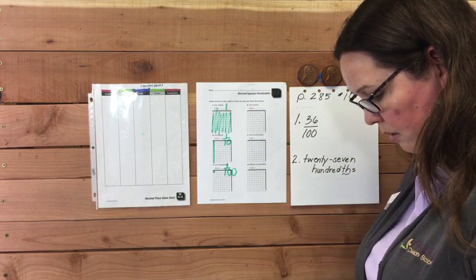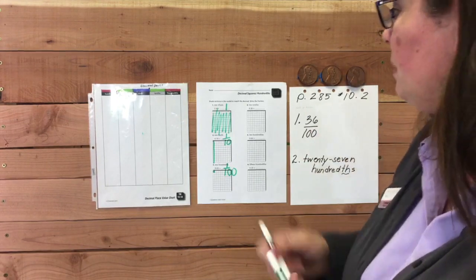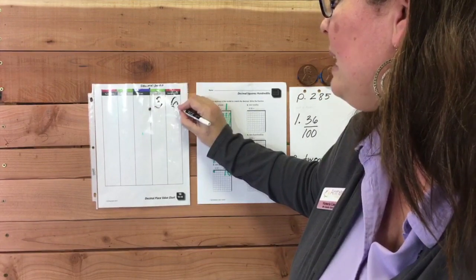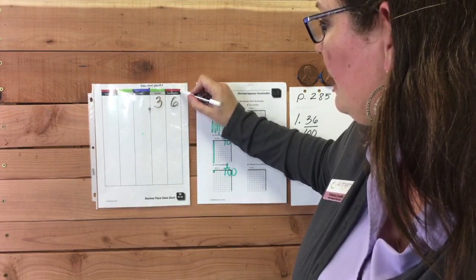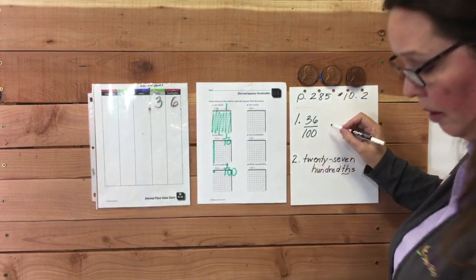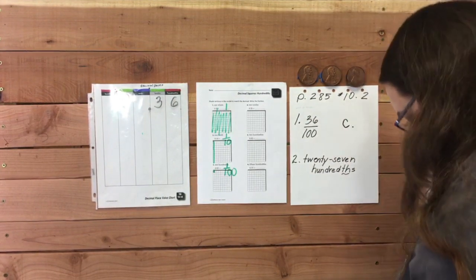We have 36 hundredths. How would we write that? We would write 0.36. The last number that you hear, you're reading through 36 hundredths. So the answer for that one would be letter C.